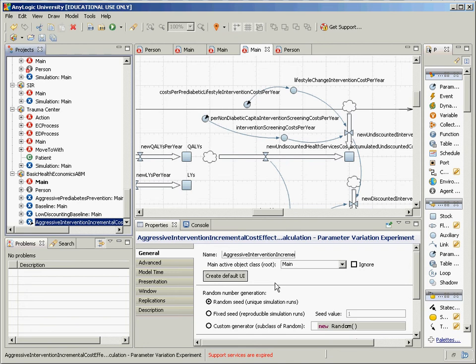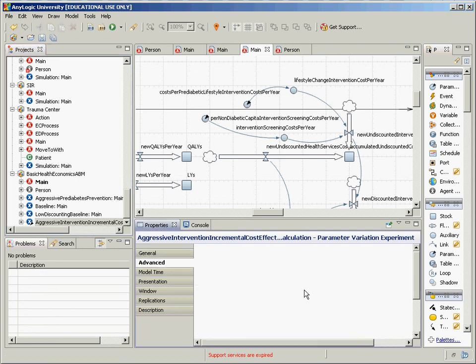First it runs the baseline, then it runs the intervention, then it takes the difference in qualities and the difference in cost, and it computes, for example, the incremental cost for incremental quality gain, and similarly for life years, etc. So here we have a use of a parameter variation experiment to run two conceptual scenarios, and take the difference between the two.